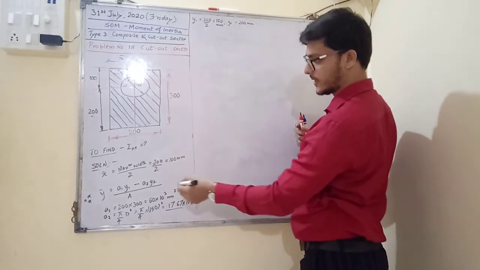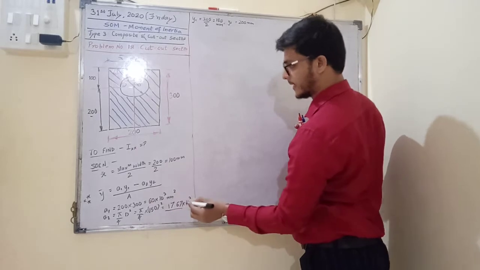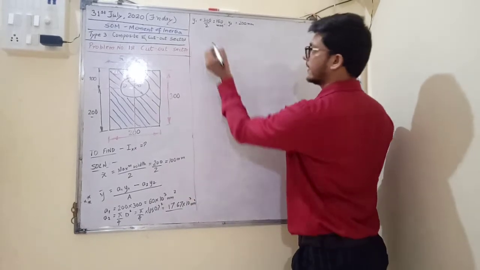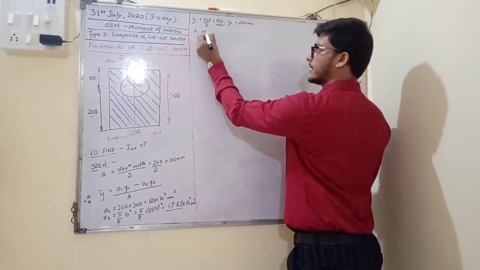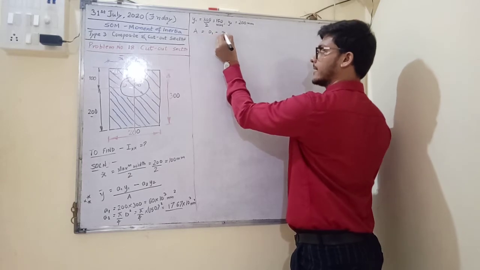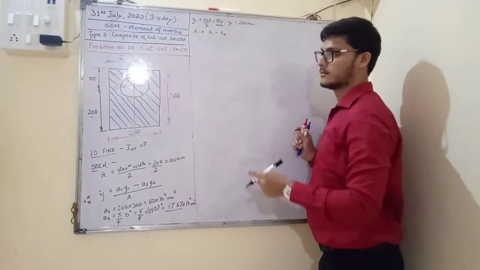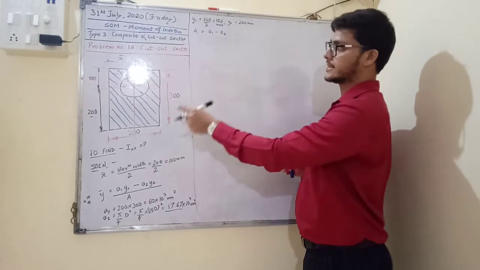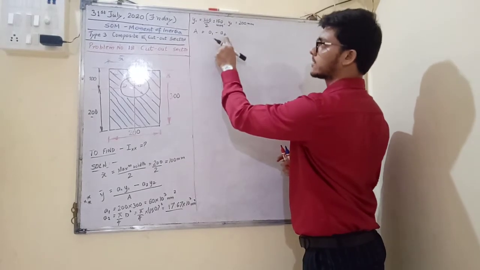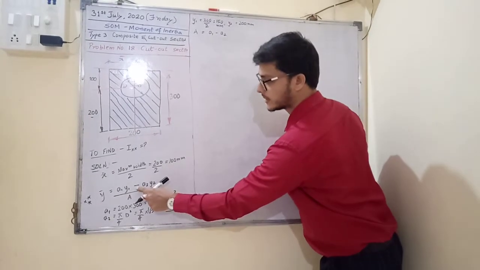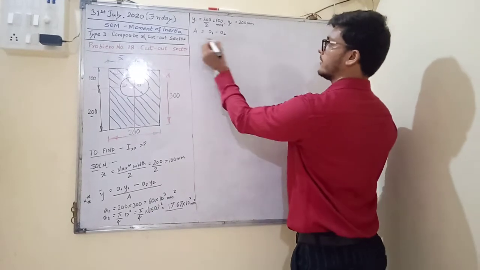Now to substitute these values, I will find the total area also. Total area will be, this is also important, A1 minus A2. In the previous problem we had to add the areas, but this is a cutout section. So in this you have to subtract the areas, and in the y bar formula there will be a minus sign. So A1 minus A2.